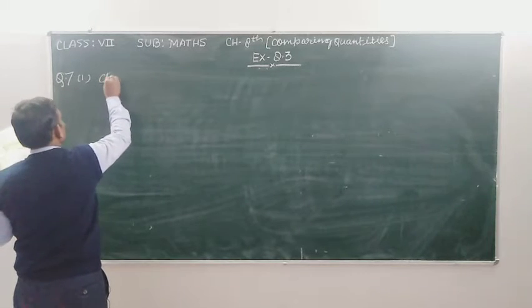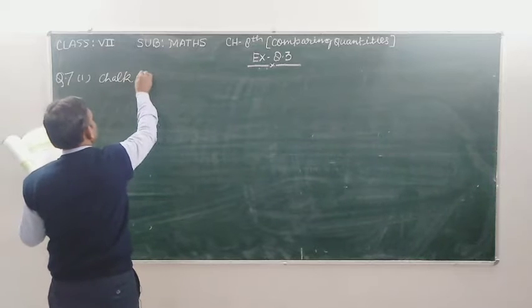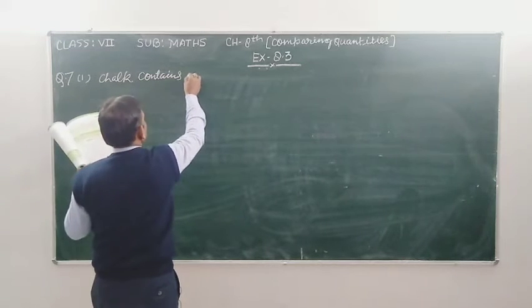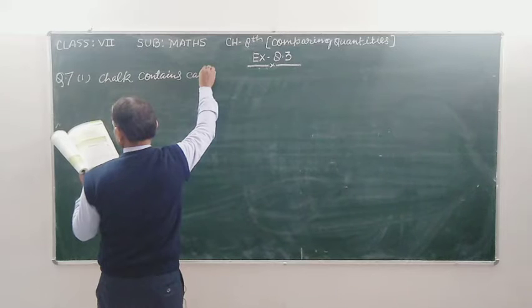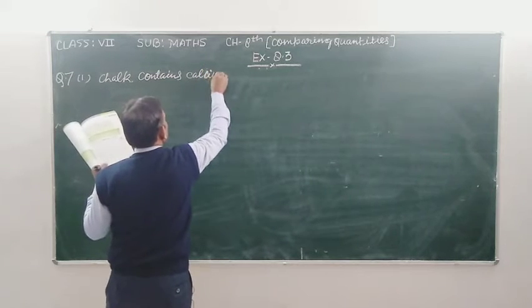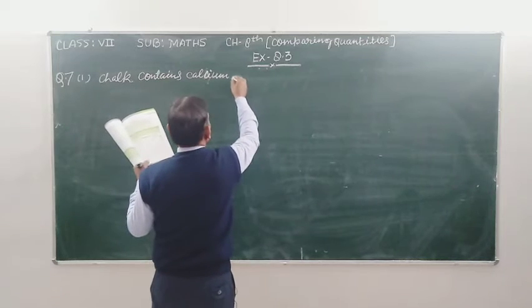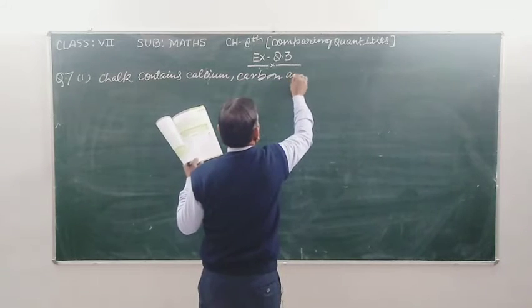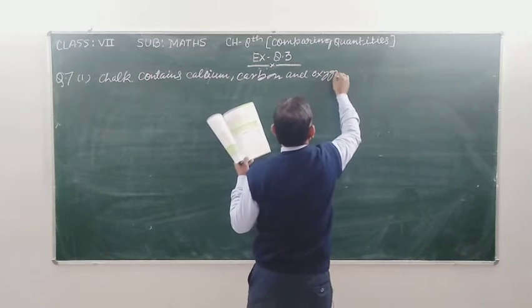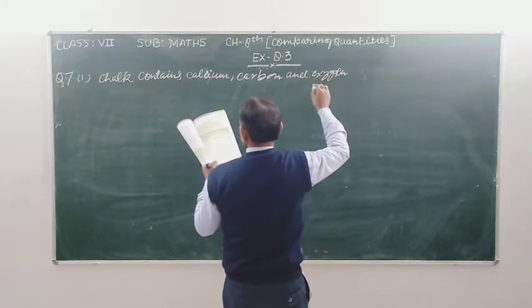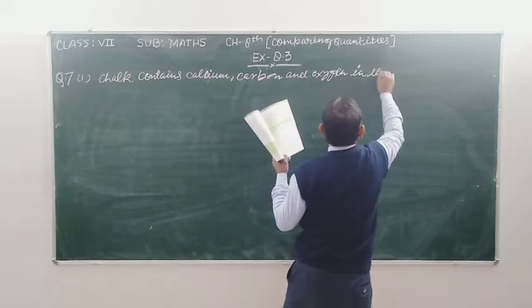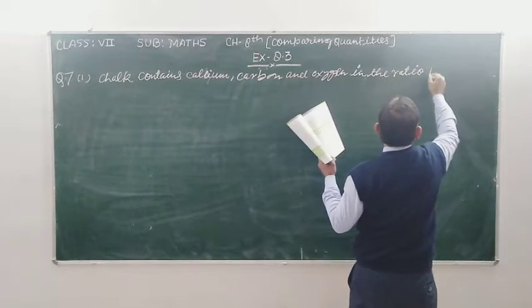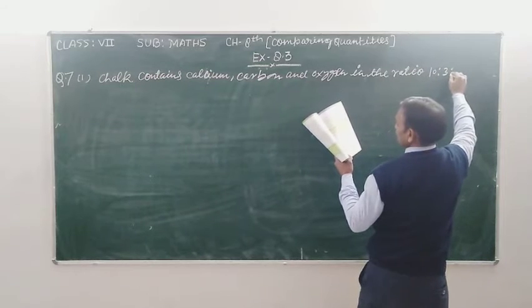Chalk contains calcium, carbon and oxygen in the ratio 10 is to 3 is to 12.